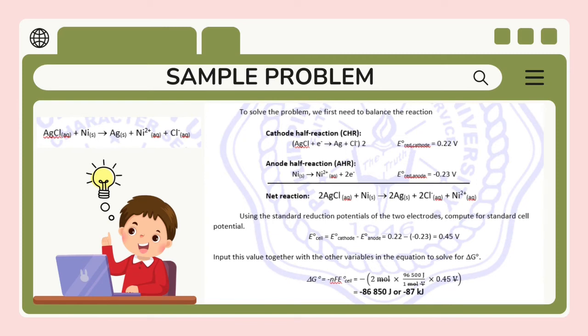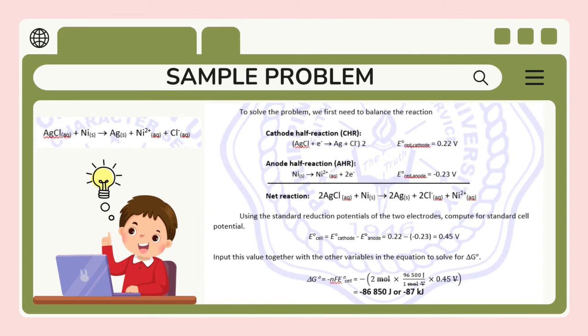To solve the problem, we first need to balance the reaction. The reaction is AgCl (aq) + Ni (s) produces Ag (s) + Ni2+ (aq) + Cl⁻ (aq). We balance it by multiplying by 2.